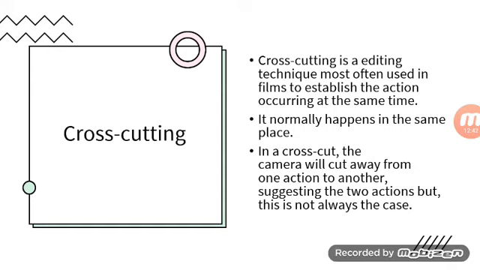I think it's similar to establishing shots, because it establishes the scene, then basically just cuts to the action. So in a crosscut, the camera will cut away from one action to another, suggesting two actions, but this is not always the case. So I will show you now.